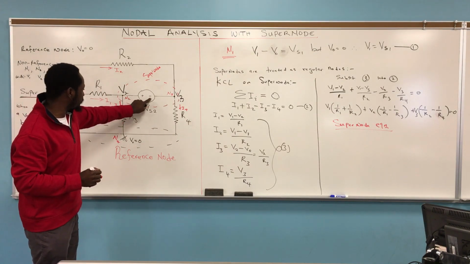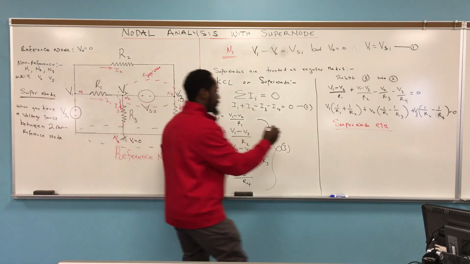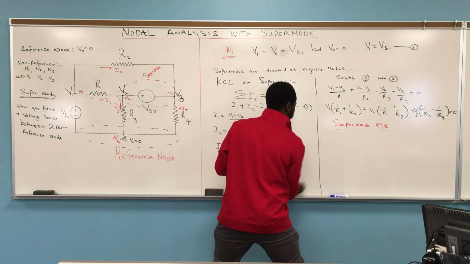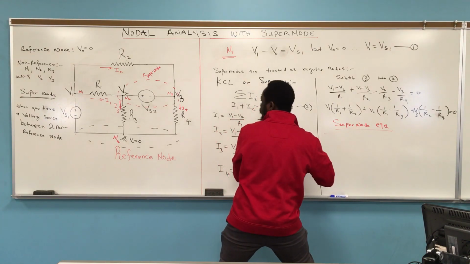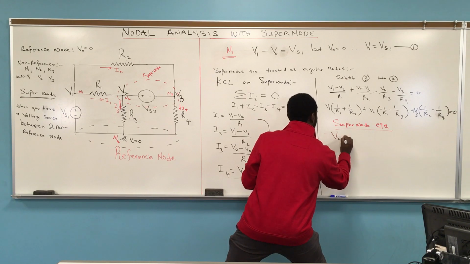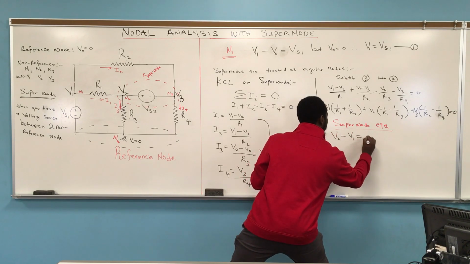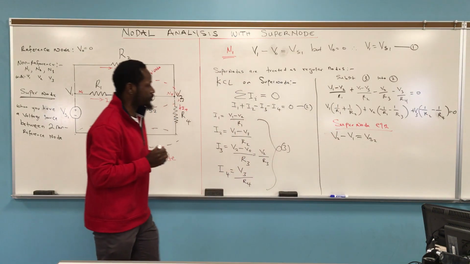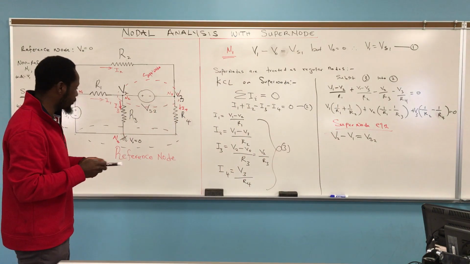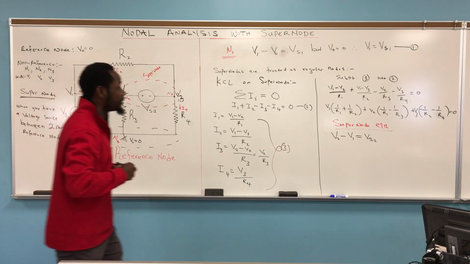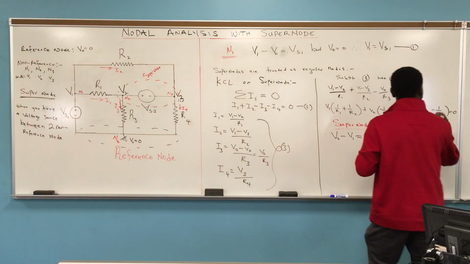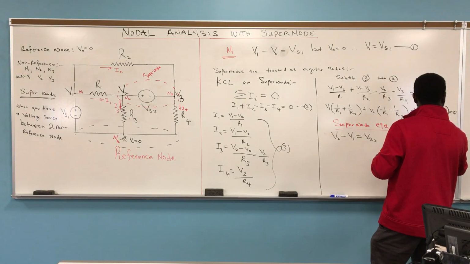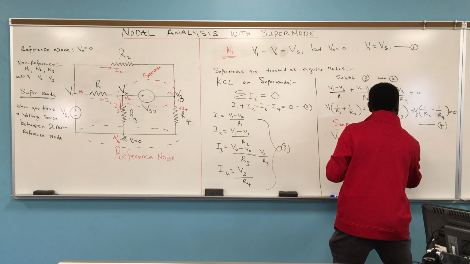This is positive, this is negative, so we have V2 minus V1 is equal to the source between those nodes, I mean. And now you have equation, I'll call this equation 4, and you have equation 5.